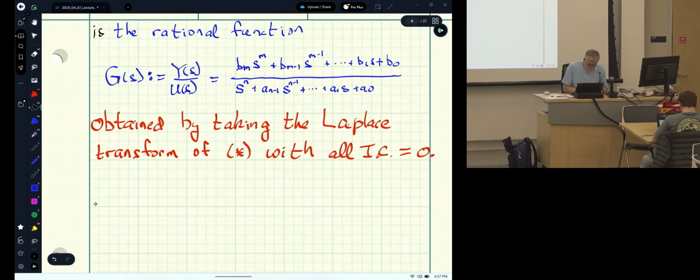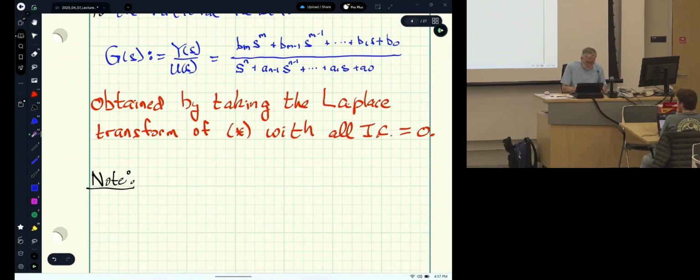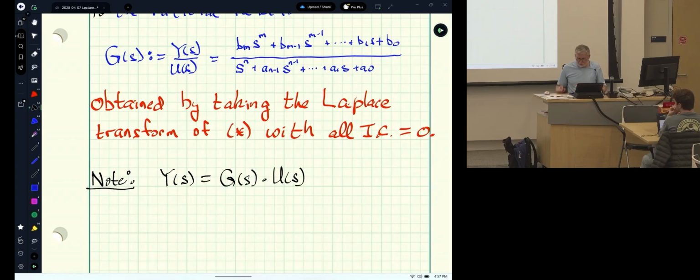And one little note. Look, if I multiply both sides by U of s, by definition of G of s, Y of s is the transfer function times U of s. So it's just multiplication.